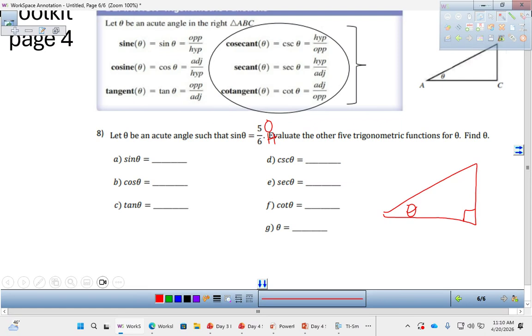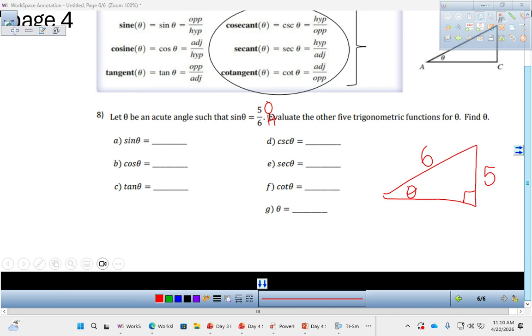Before I was given tangent, so I was given different information. So the opposite side is 5, and the hypotenuse side is 6. We can again use Pythagorean theorem to solve for the missing side length. We'll call it x for now. All right, so 6 squared equals 5 squared plus x squared. 36 equals 25 plus x squared.